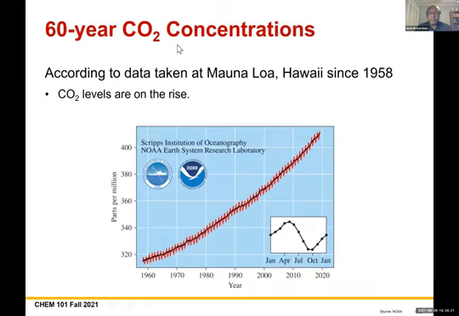They predict the weather. They are in Florida. So according to this report in Hawaii, since 1960, it was about 320 parts per million, now increased to 400. So that's a lot of increase.